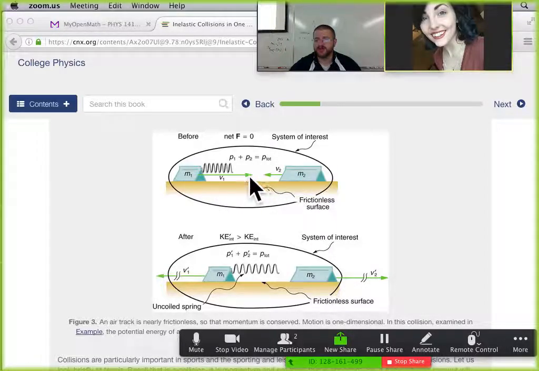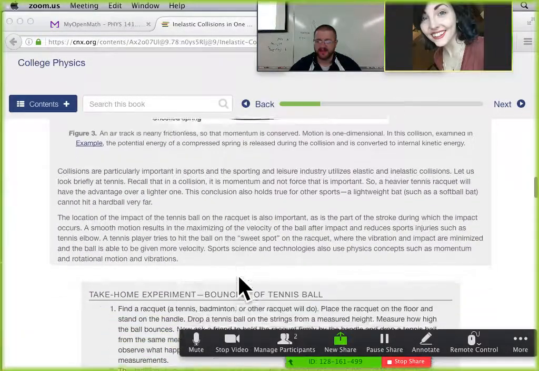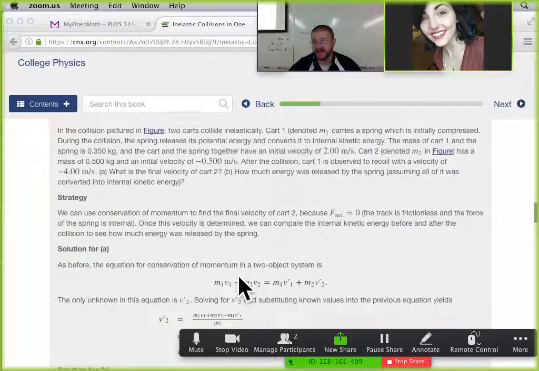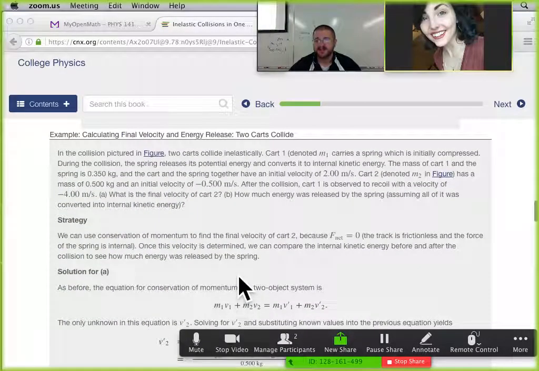So they're both moving towards each other, but this spring that is compacted to begin with stretches out as they hit, and it adds kinetic energy to both blocks. So both blocks have more kinetic energy than they should at the end, and that makes it an inelastic collision as well. So that's a little bit confusing, but that is what's going on.